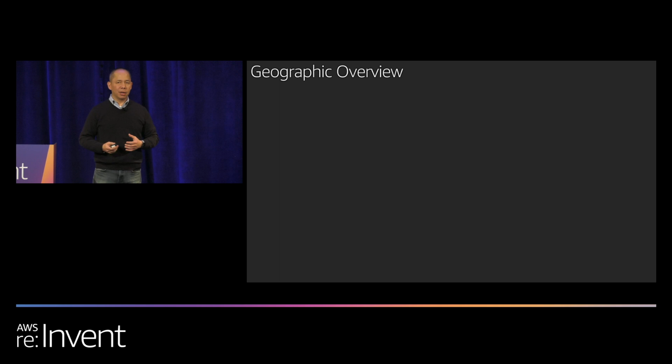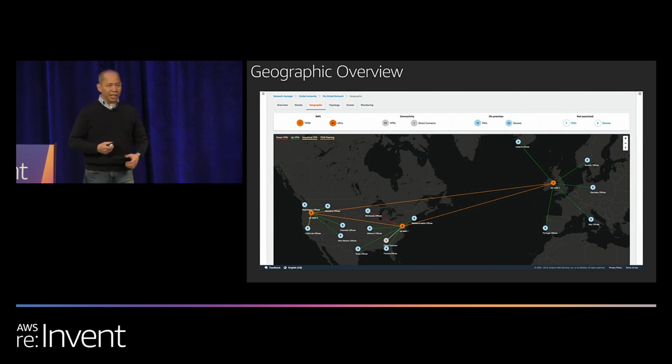Notice that when I showed you the network topology view, that was a logical view of how your network was put together. But what would that view look like if I plotted it on a map? In Network Manager, there's actually a geographic view. When you put all that information together, the transit gateways, the peerings, the VPN connections, the branches and the devices, you get one picture of what that global network looks like.